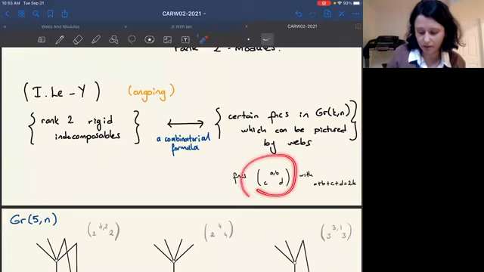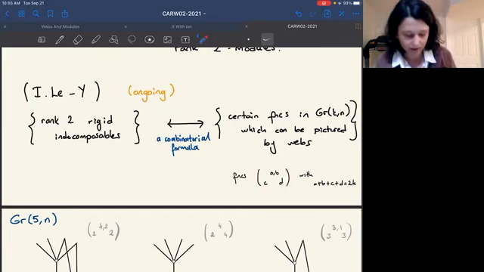I mean, in the paper, Ian used this notation for the functions, but basically these are just webs. They're another way of labeling or naming the webs.